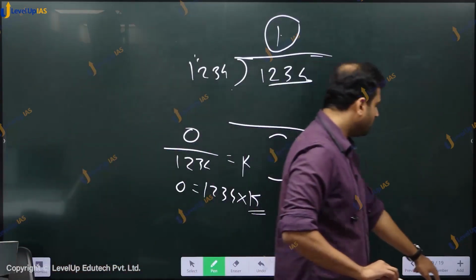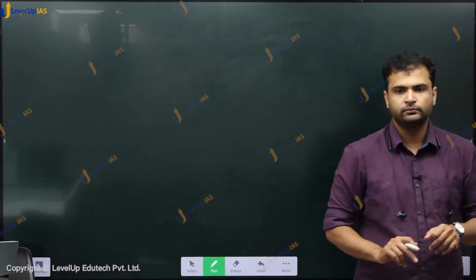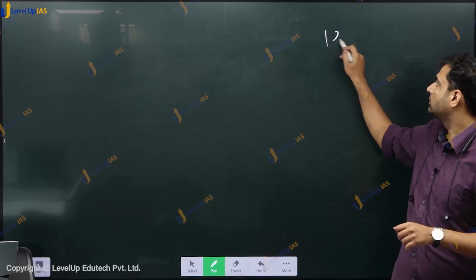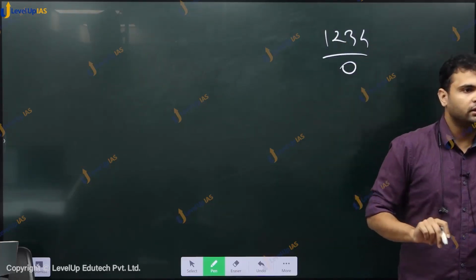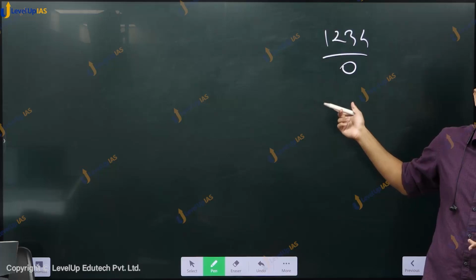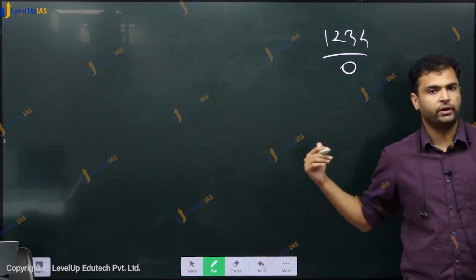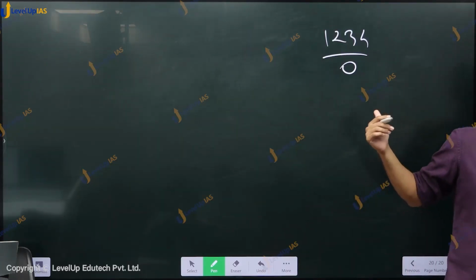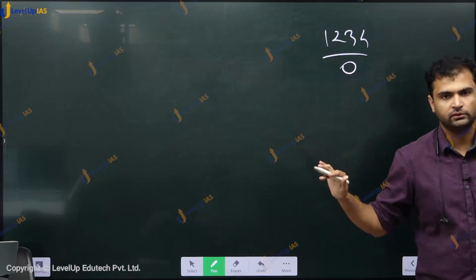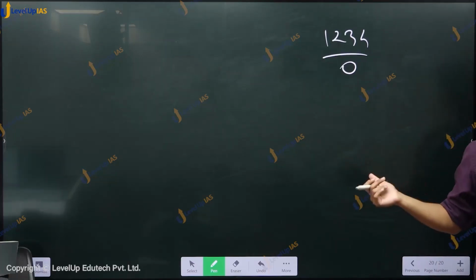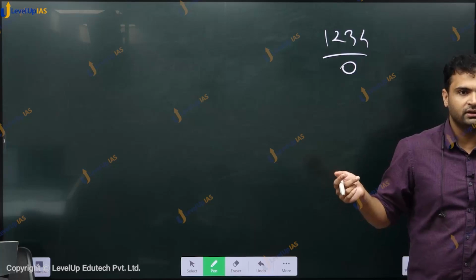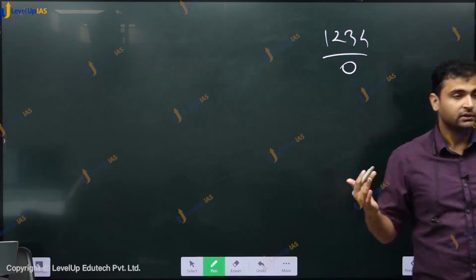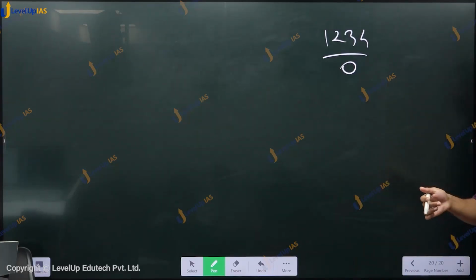Right? What is any number divided by 0? It is not defined in mathematics, not infinity, because infinity is not a number. Infinity is an abstract concept. We'll talk about infinity some other time if you are interested, because infinity in itself is a very intriguing concept.